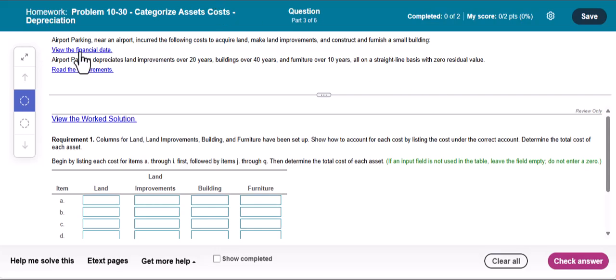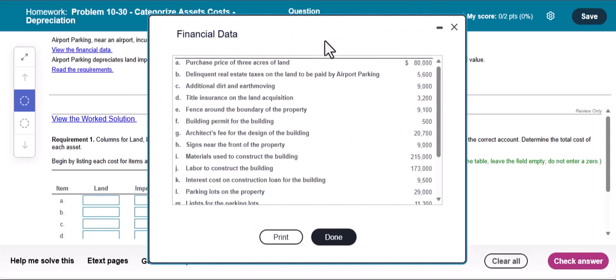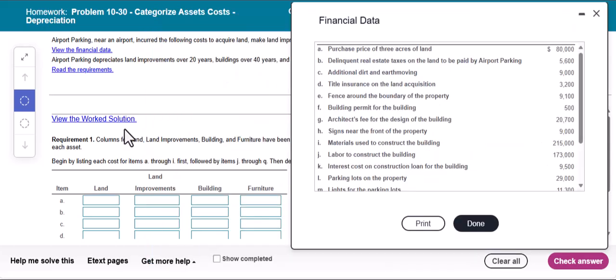So we have our data table here we'll be using, so let's go ahead and open that up. So first off, let's take a look at these assets here. Are these things all going to be depreciated? Well, let's have a look-see here. So furniture will wear out over time. Buildings wear out over time. Land improvements such as fencing and signs, those will not last forever, so we have to depreciate those.